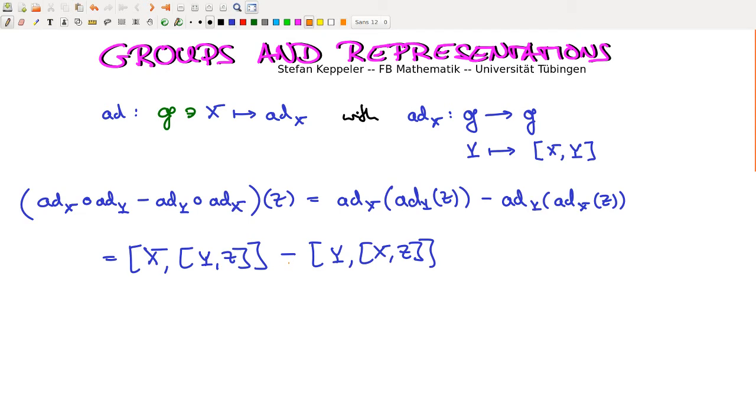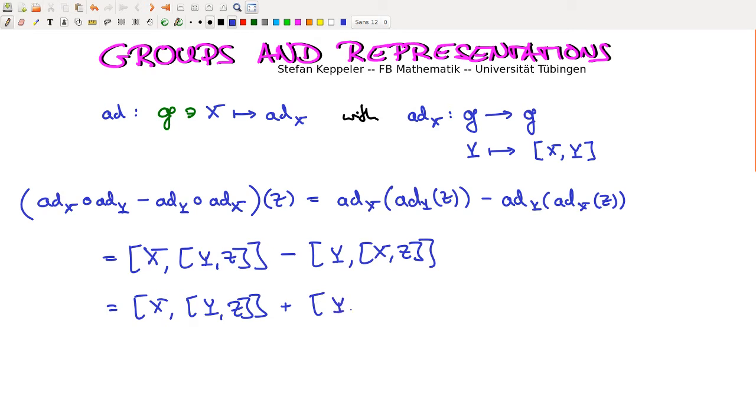Now we can trade this minus sign for the order of terms in this last commutator. So this is x with y and z. I keep saying commutator for the Lie bracket. You can just exchange the terms at the cost of a minus. Okay, and here is a plus.